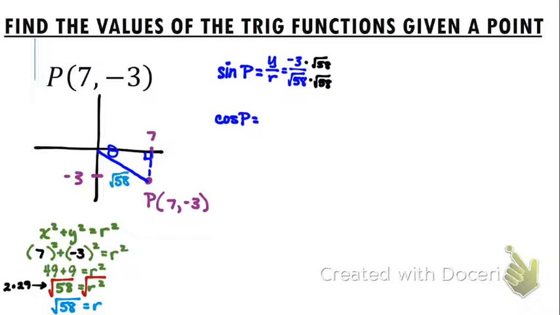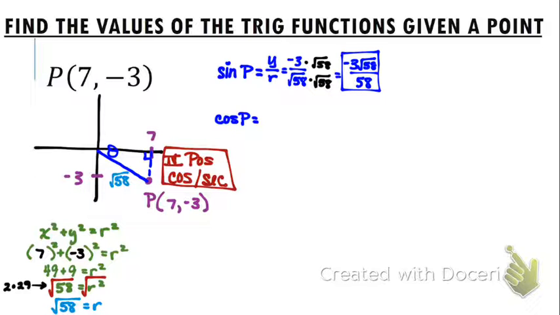So what is my sine? Yep. -3 square root of 58 over 58. I skipped this. We're in quadrant 4. Who's positive over here? Cosine. Cosine. And its reciprocal secant.